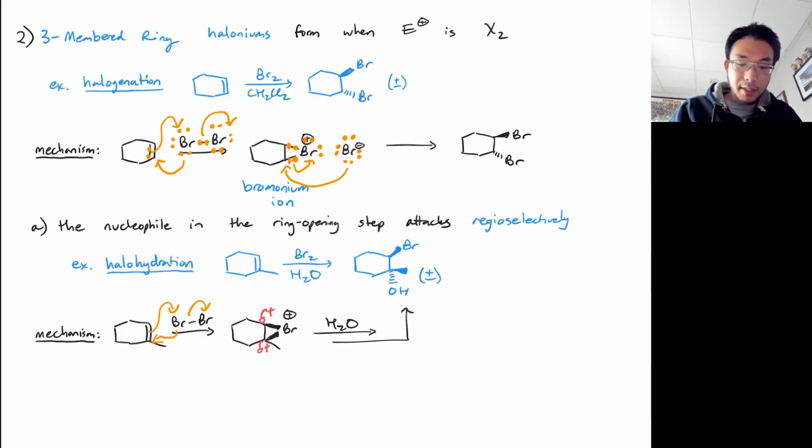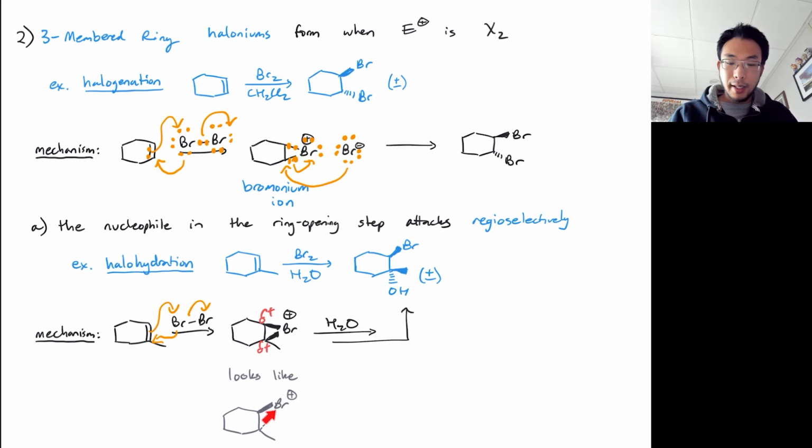And so what that looks like in the structure is that actually what we get is a skewed three-membered ring instead of an equilateral one. The carbon that has the more substitution on it is much happier being a positive charge.